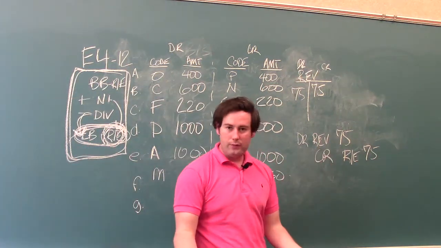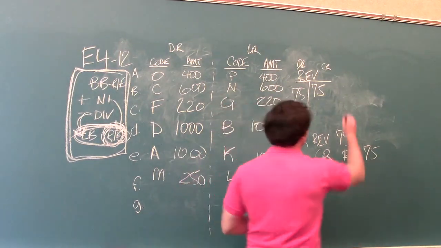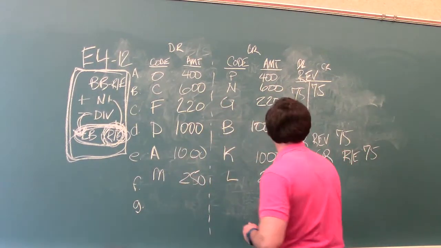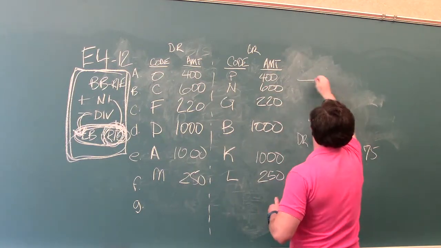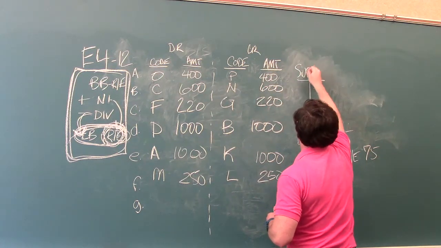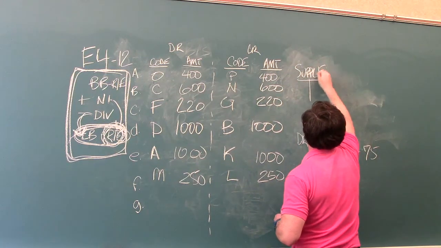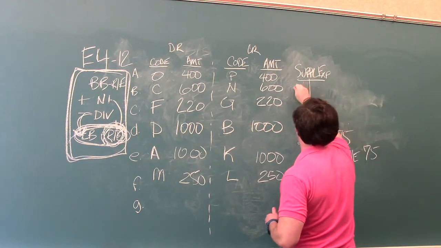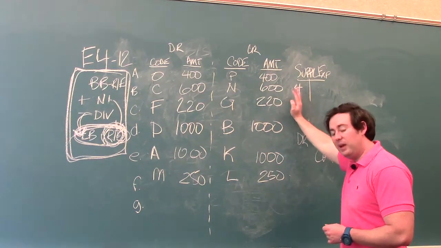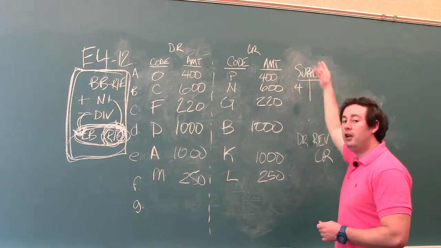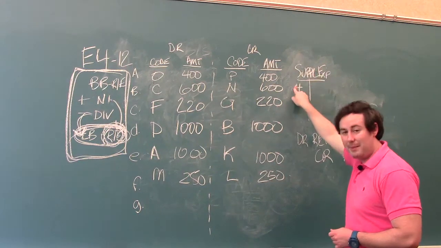The same can be true for expenses, except the opposite. With an expense, if we had an expense here, let's say we had supplies expense, because we've been using that, okay? And let's say supplies expense was, I don't know, 4, right? Its normal balance is the debit side. Why? Because you increase an expense account with a debit.